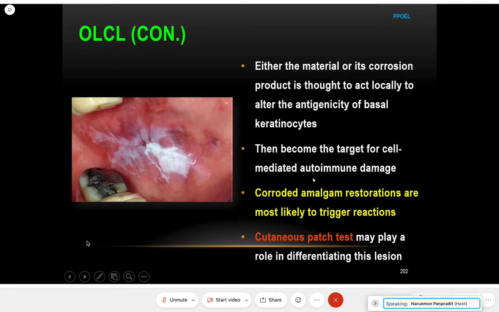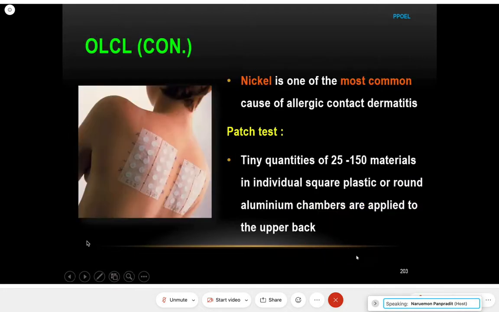And how to prove which material the patient is allergic to? They use what is called a cutaneous patch test, which may play a role in diagnosis.